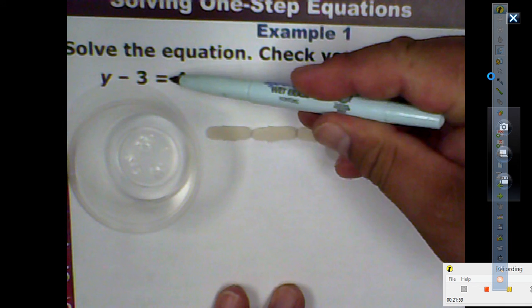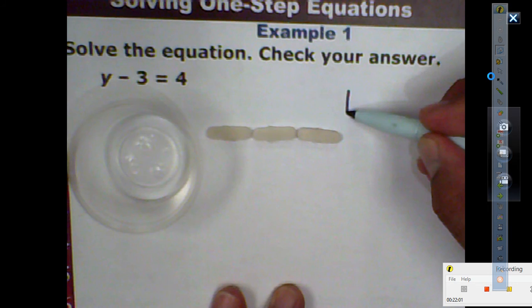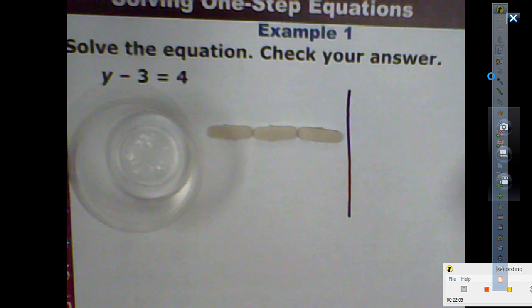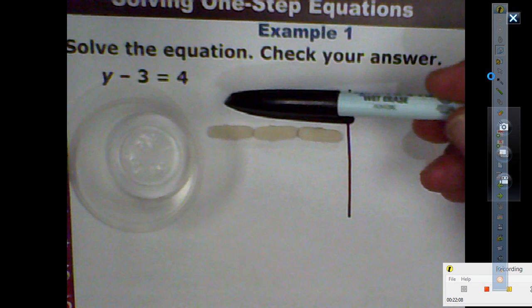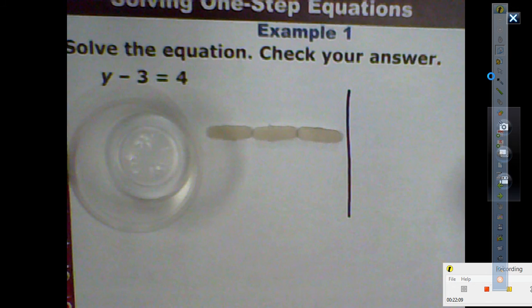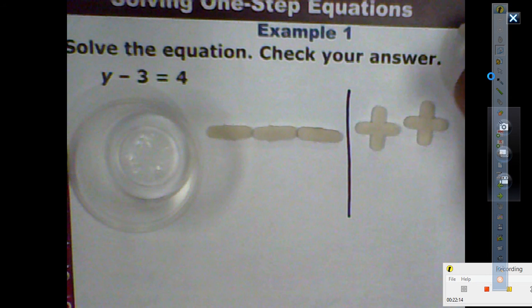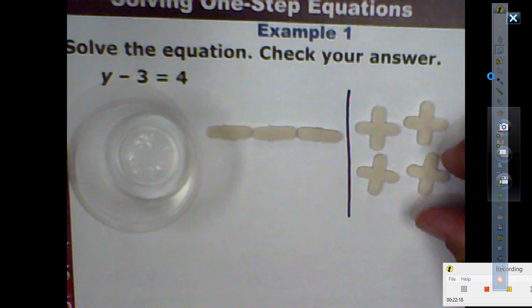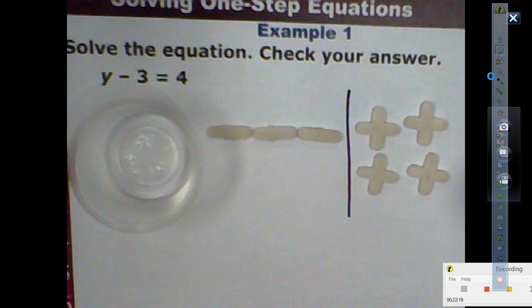For the equal sign, I'm going to draw a line down like so that it reminds me of the balanced scale, right? So now check this out. What's on the other side of the equal sign? 4 positive. So show me that with your tiles. 1, 2, 3, 4. There it is. Are we there so far?